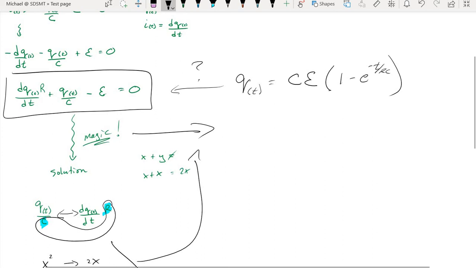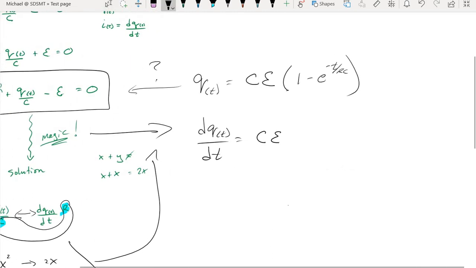Well, plug it in. Take Q of t and plug it into this equation. We will need the derivative of Q. We can do that without too much hassle. CE is a constant that's going to come along for the ride. The derivative of 1 is 0. Then right here I have to take the derivative of negative e to the negative t over RC.